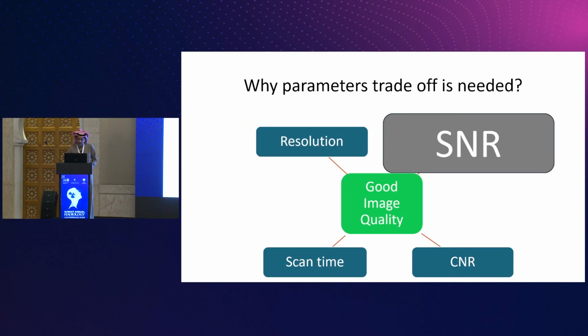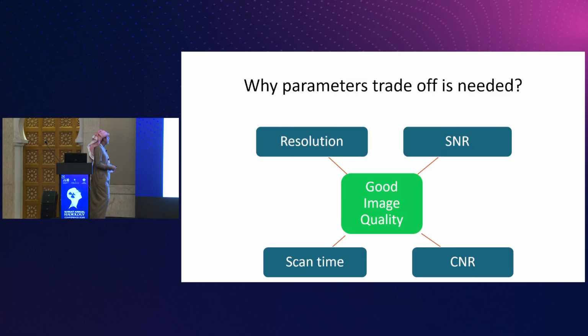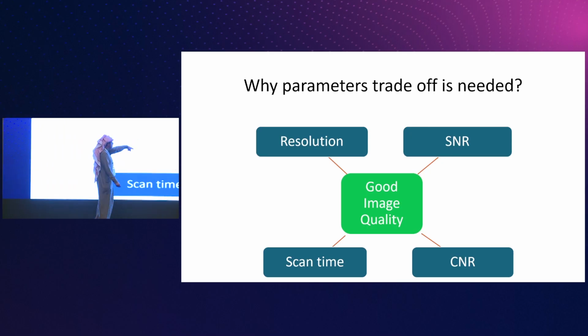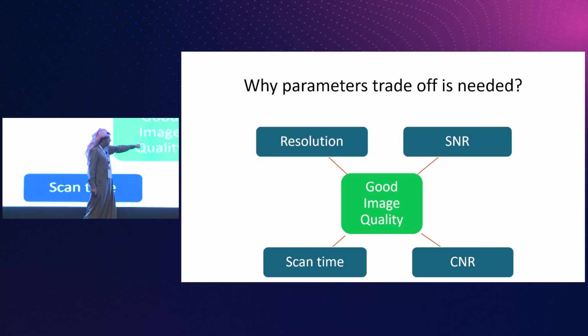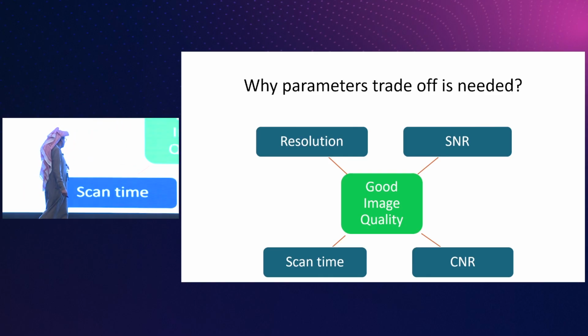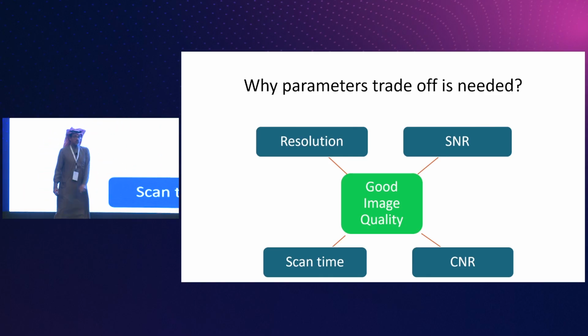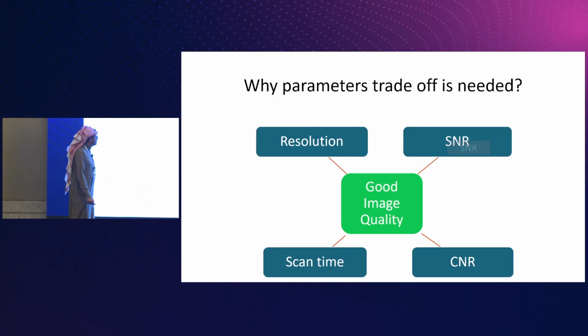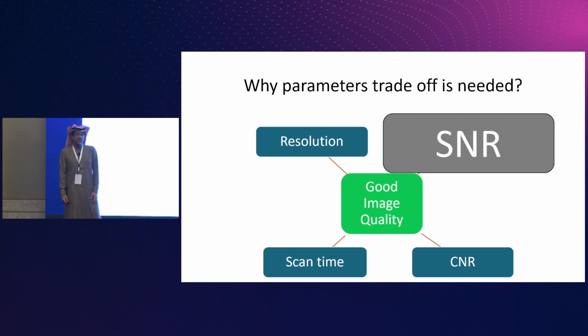It's supposed to be the parameter trade-off to good image quality through SNR, through CNR, small scan time, and high resolution, isn't it? Let us see how to achieve one by one. So let us start with SNR.